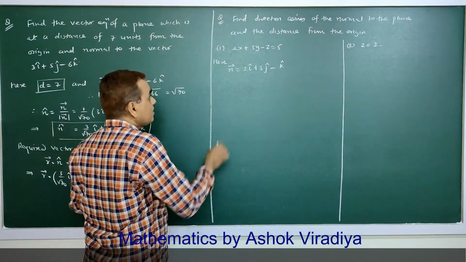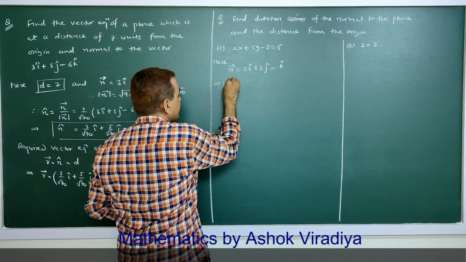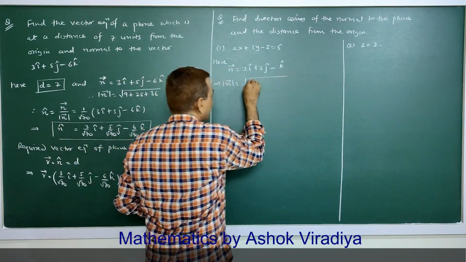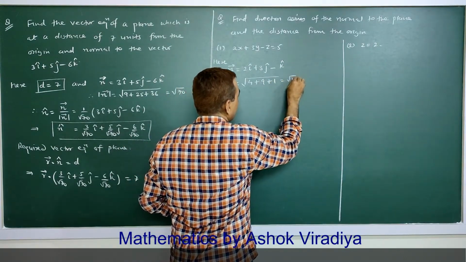Now we want direction cosines. So finding its magnitude, the magnitude is the square root of 4 plus 9 plus 1, so square root of 14.